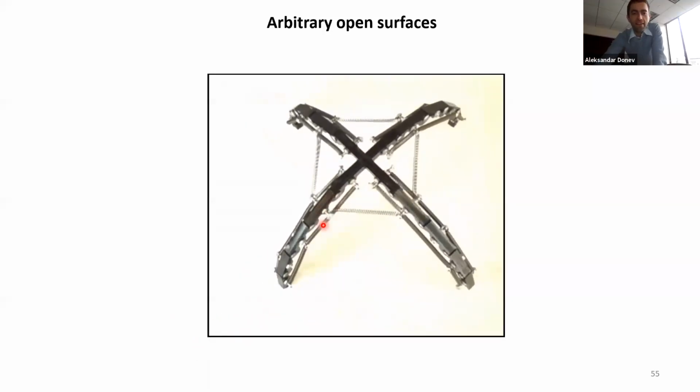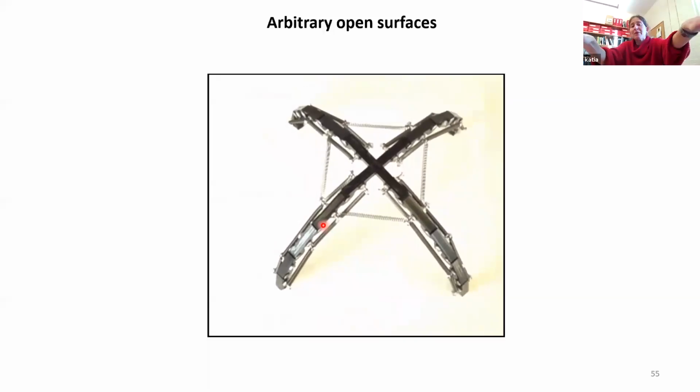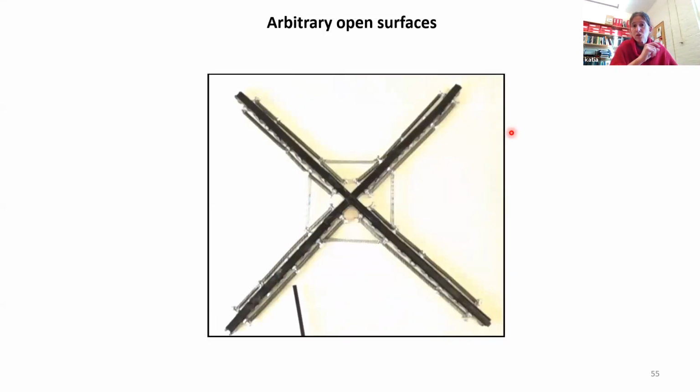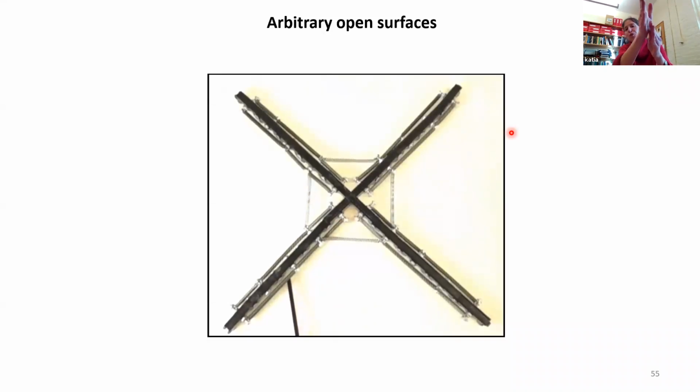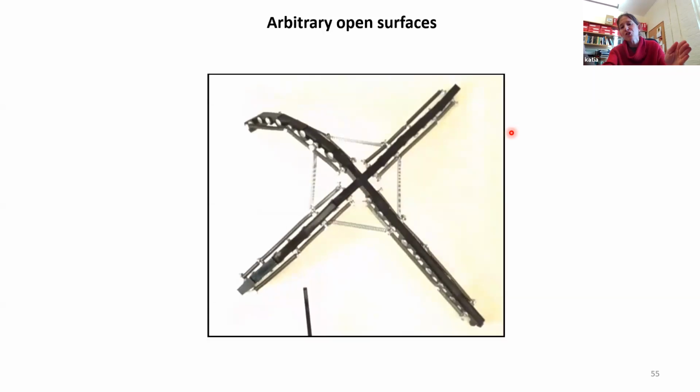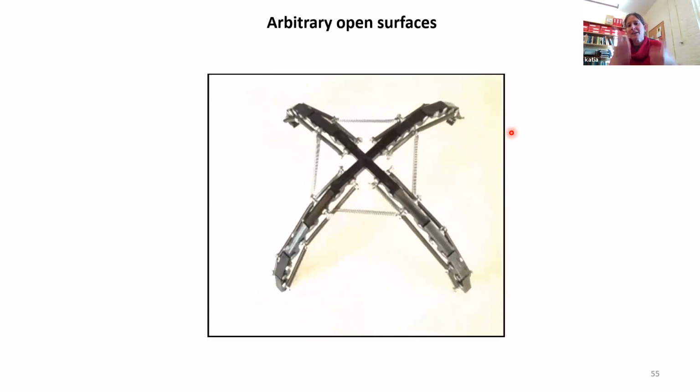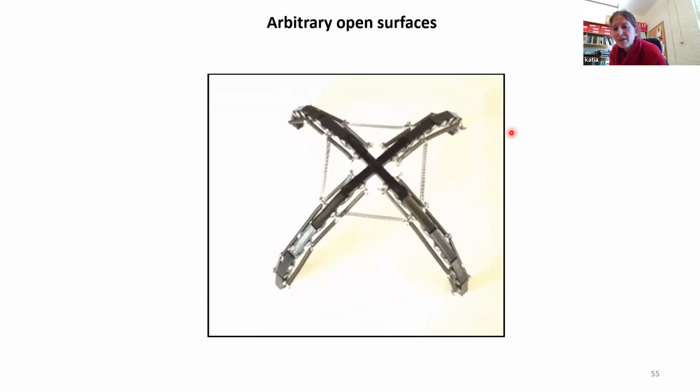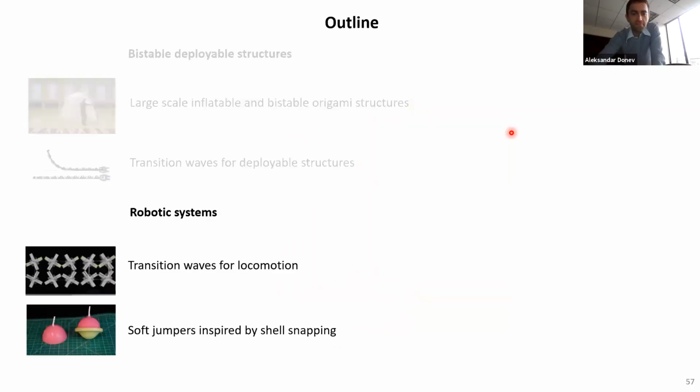The one jumps up, the other 3 remain flat. So this one basically transmits elastic energy to the other. These springs transfer the mechanical signal from one leg to the other. They provide energy to the other leg to basically kick it out. Does it make sense? Yes, thanks. Perfect. All right.